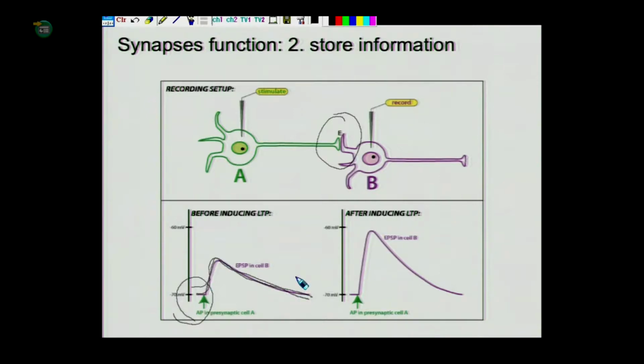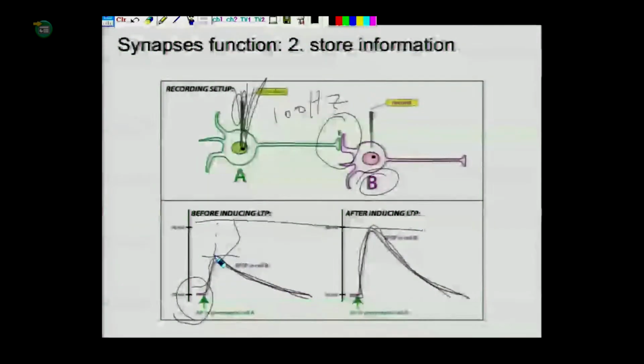But after we stimulate this neuron repetitively, many, many times, let's say 100 times in a second, 100 hertz, we get a much bigger response now in neuron B. Much bigger, right? So in this case, we say that the connection between neuron A and neuron B is strengthened.